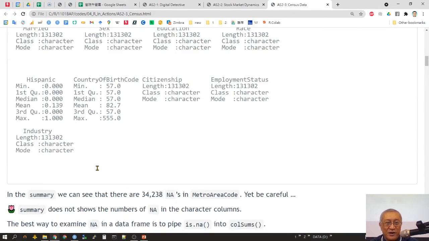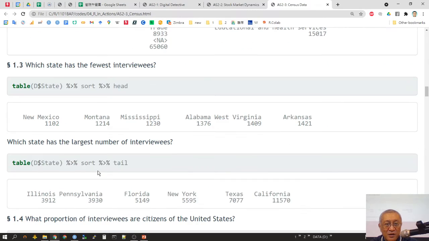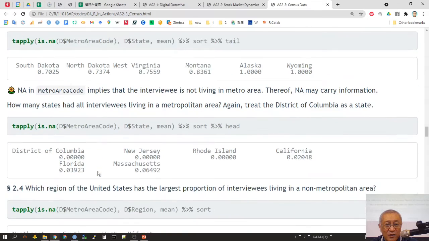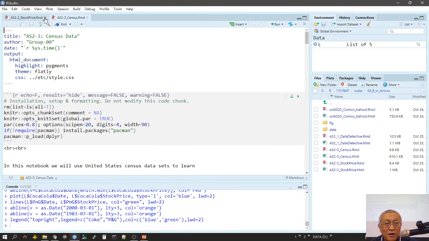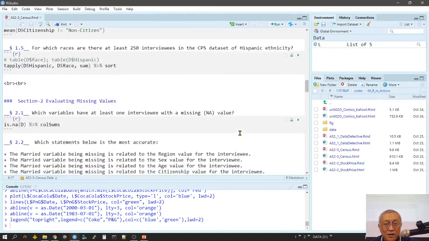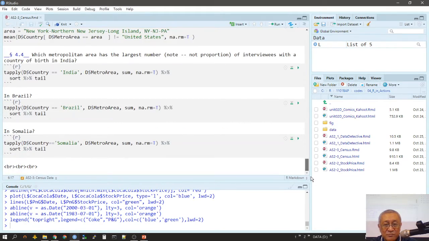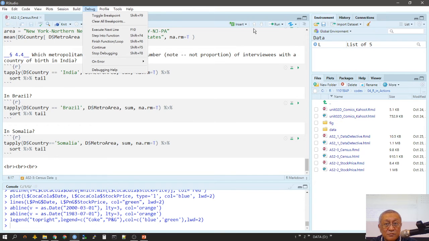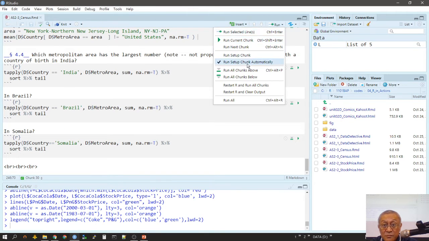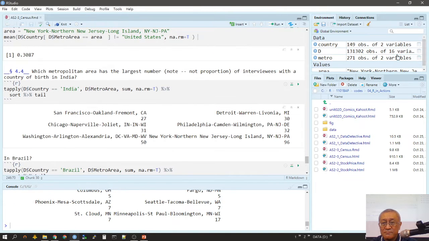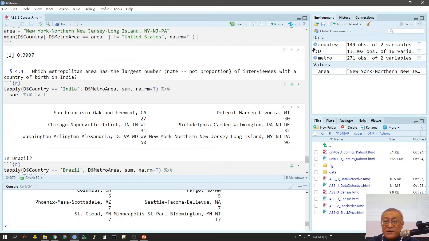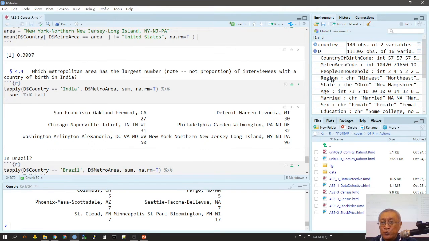We have 2 other data frames. Besides the census data frame, we have two more data frames.